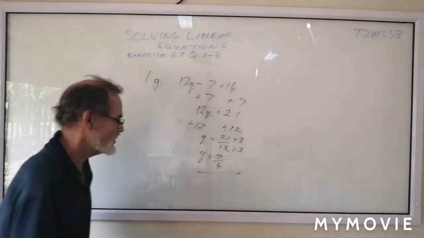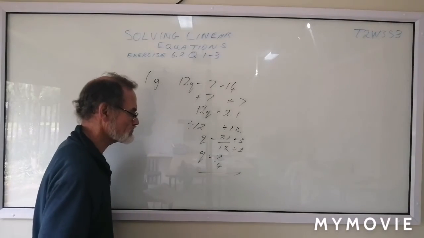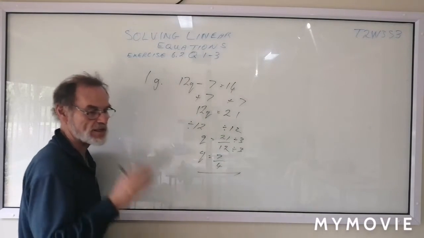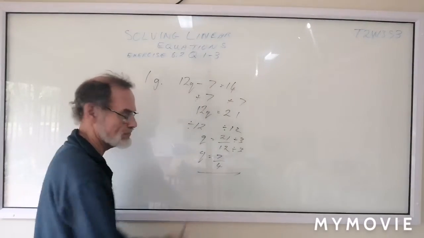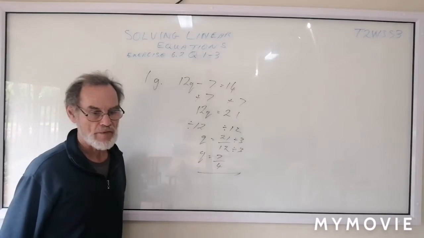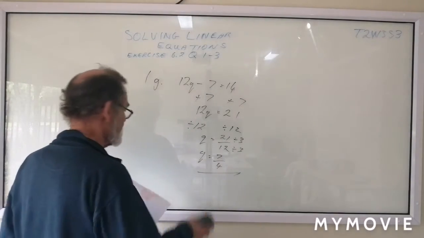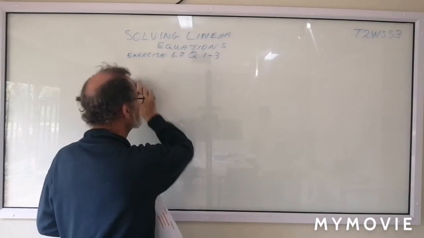And that is usually the best way to leave your answer. You might want to change it to a decimal on a calculator, but only if they ask specifically. You could change it to a mixed number, but I prefer to leave it with 7 over 4 because that's the easiest to do maths with, an improper fraction.